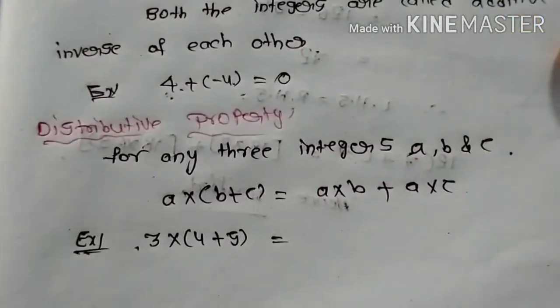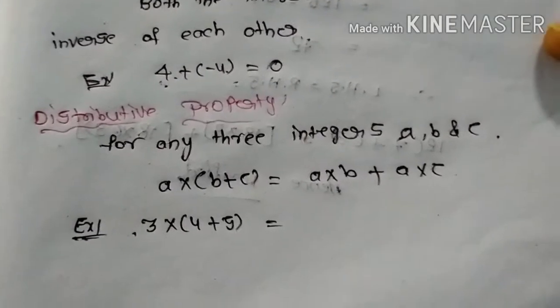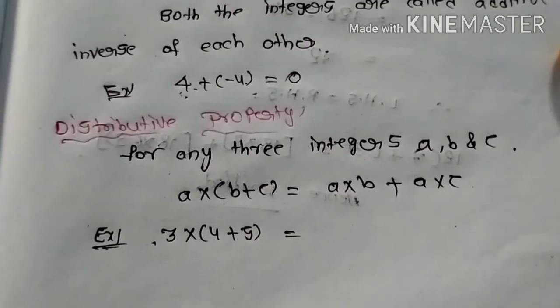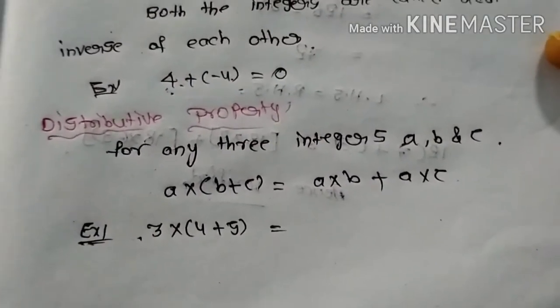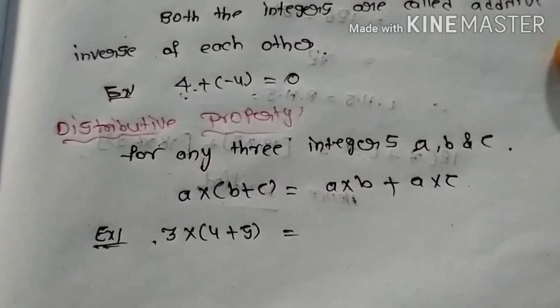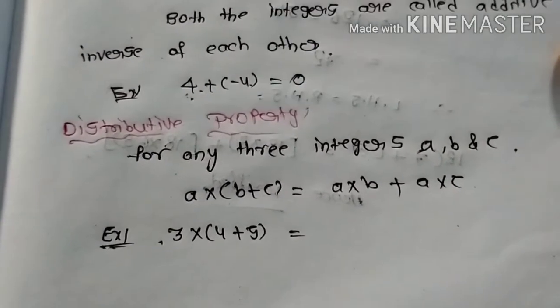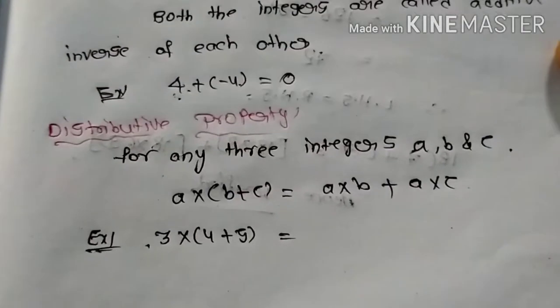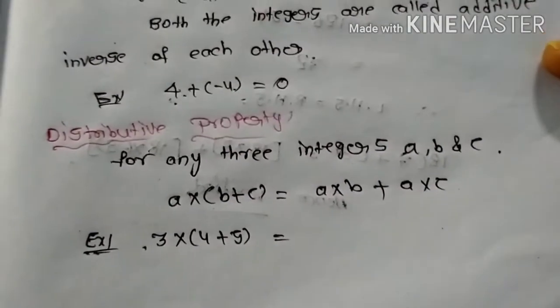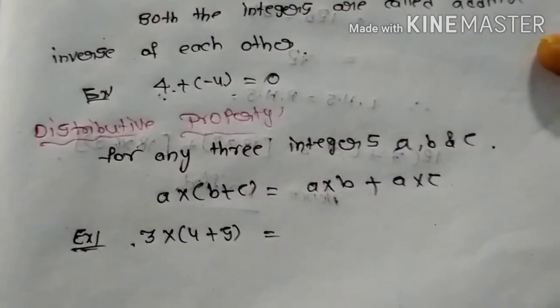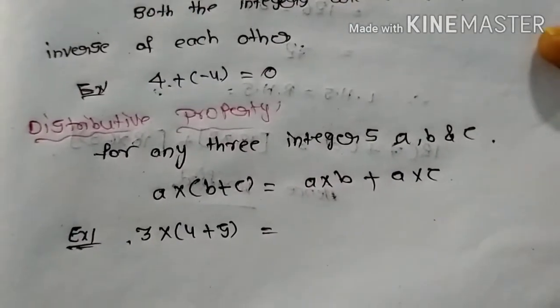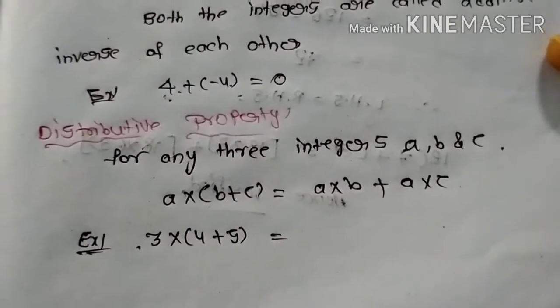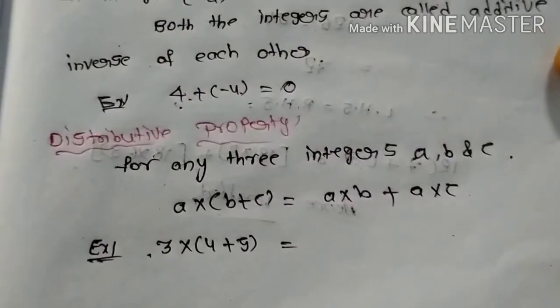Next one, distributive property. This is the most important for SCS. 8 marks question will come under this one only. Distributive property: for any three integers a, b and c, a into b plus c is equal to a into b plus a into c.